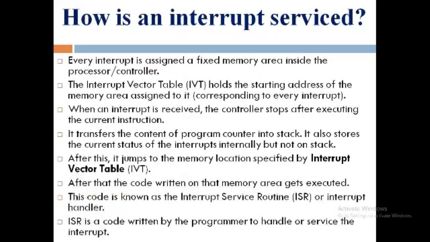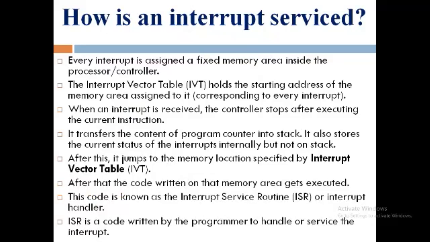Then how is an interrupt serviced? Every interrupt is assigned a fixed memory area inside the processor or controller. The interrupt vector table, IVT, holds the starting address of the memory area assigned to every interrupt.